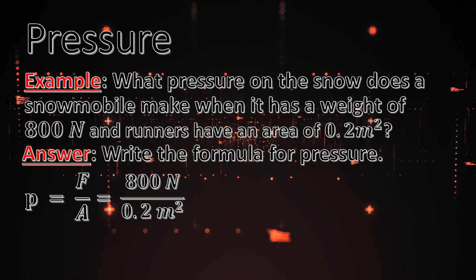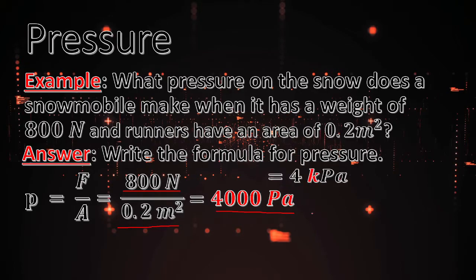We have our force equals 800 Newton, and area equals 0.2 meters squared. Therefore, our pressure equals 4,000 Pascal, or you can actually write it as 4 kilopascal. So meaning you just cancel out the 3 zeros there to make it shorter. So this is how you're going to shorten your answer.